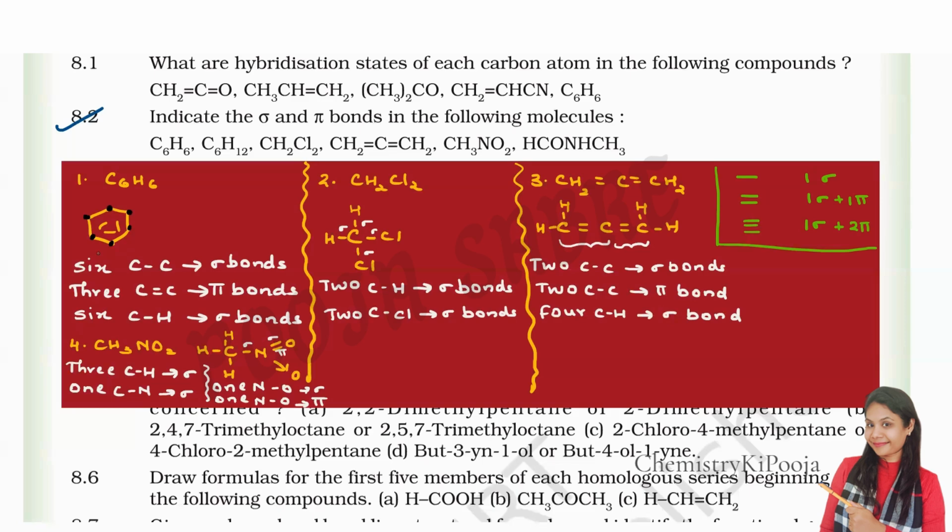Clear? This arrow bond is nothing but the coordinate covalent bond, so that we are not going to count. Clear? Coming to the next one, the fifth one.